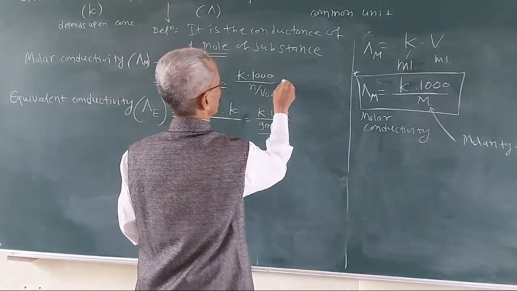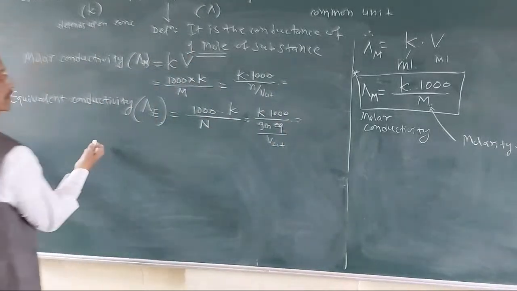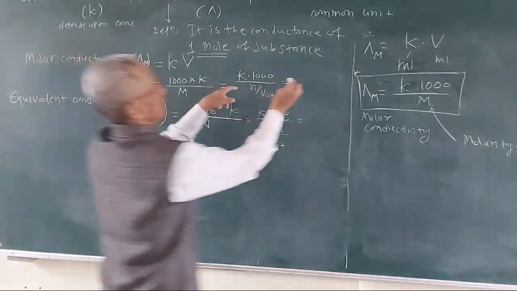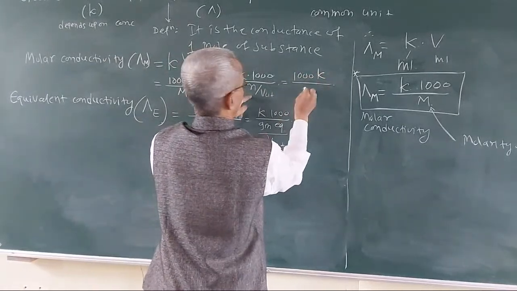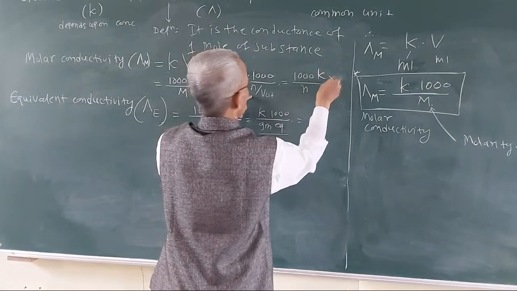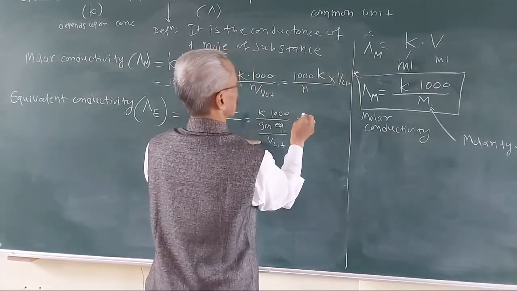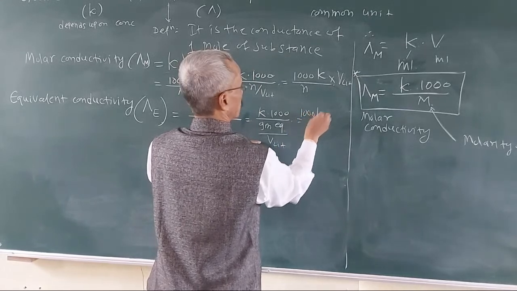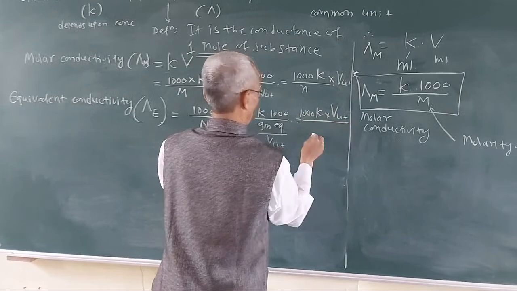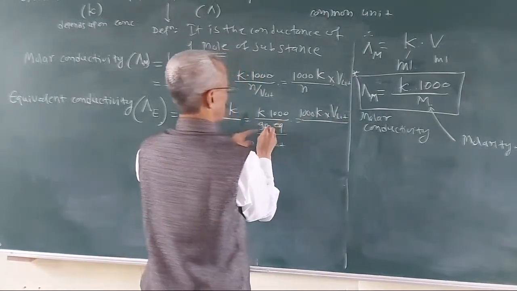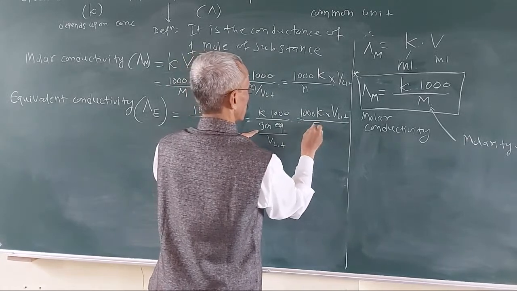Further, consider this equation 1 and how they relate. Here we have 1000 K into V, upon the gram equivalents.